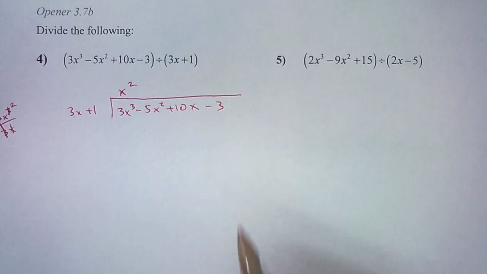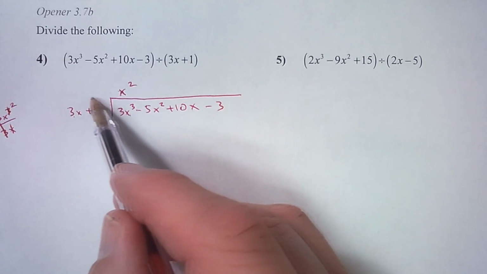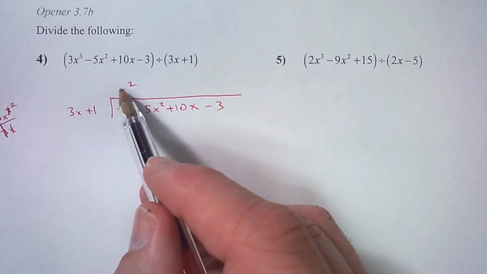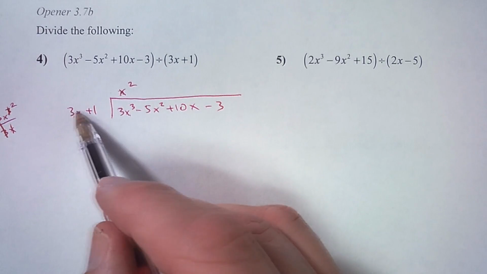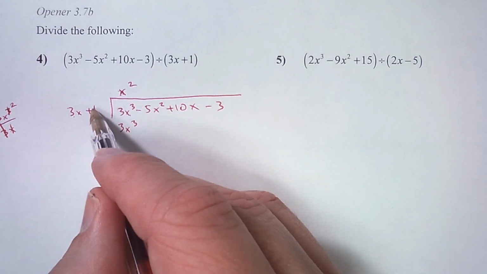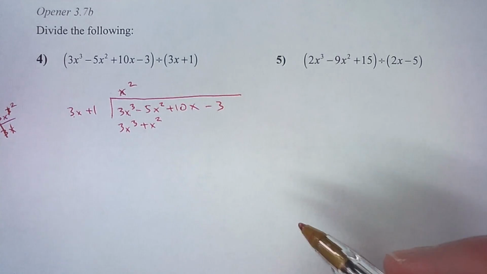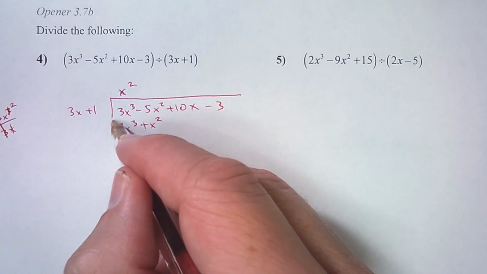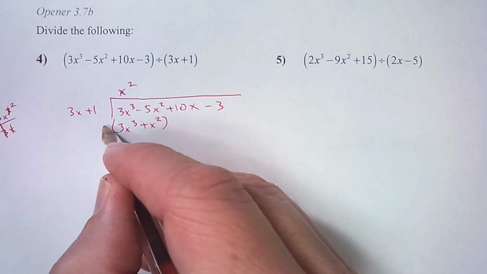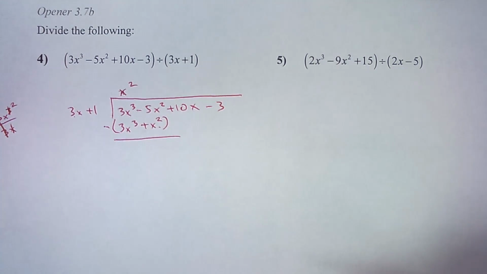Okay, so now we've got an x squared up here, and we are going to distribute that to everything out here. So x squared times 3x is 3x cubed, and x squared times 1 is x squared. And we are going to now subtract this binomial from this binomial.